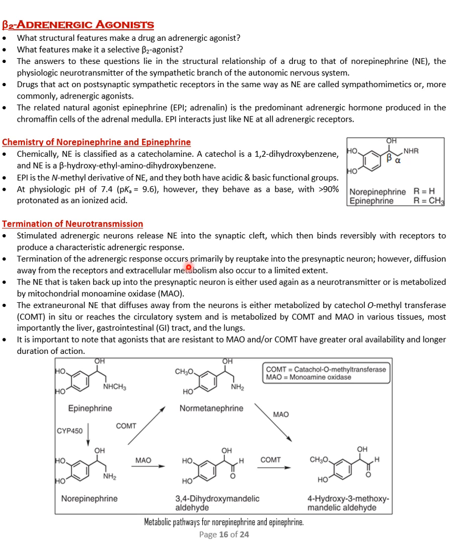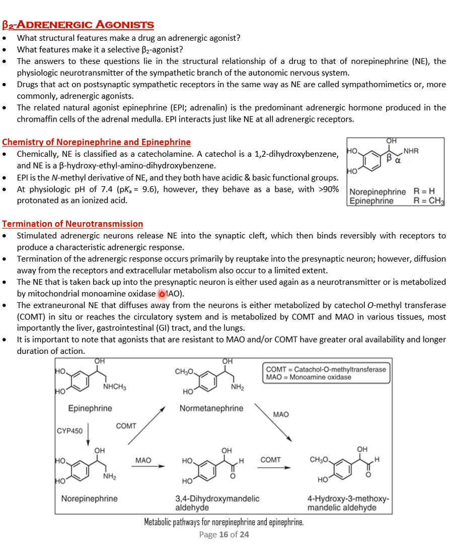One of them is being reuptaken into the presynaptic neuron, which is the neuron that released this endogenous molecule, norepinephrine. Another possibility is to stay in the extracellular space, the synaptic cleft, and move into the circulation.